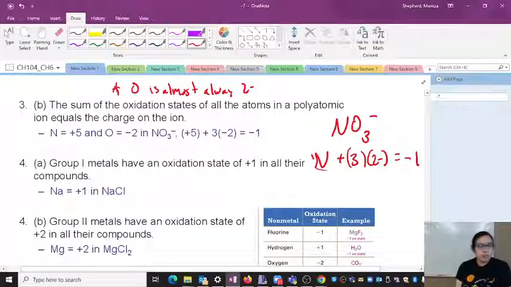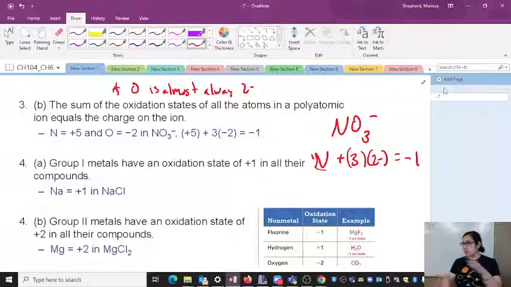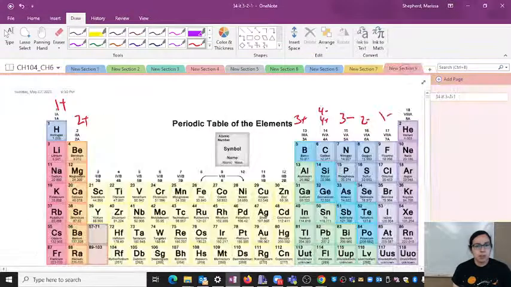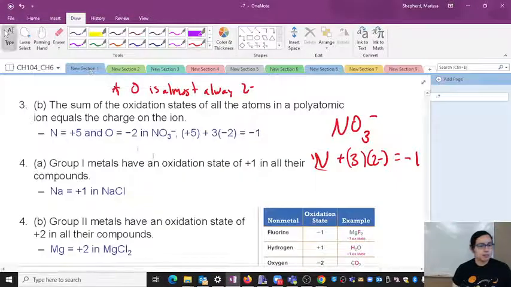That's why nitrogen has a +5 charge there. That's why I also encourage you to at least look at your periodic table with all those different oxidation states. These can crop up, or you could remind yourself that this column can also be +5 as your oxidation states.